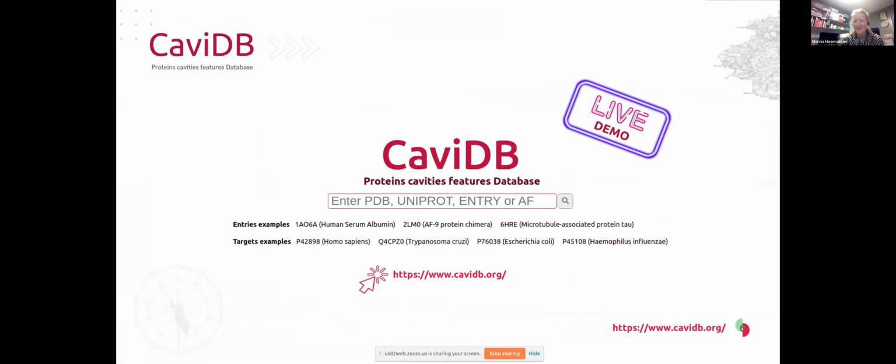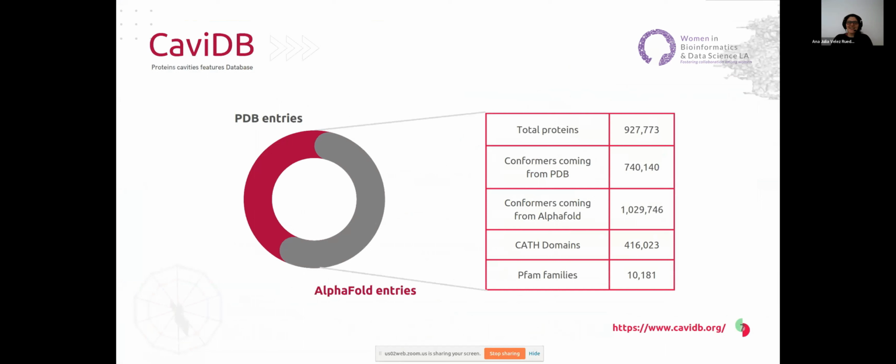Yeah. Sorry. No, just to close and to summarize a little bit what we have in CavityB. As you can see, we have a lot of information here. We have, as I told you, the complete PDB entries, and also all the models that were predicted for the SwissProt AlphaFold database.